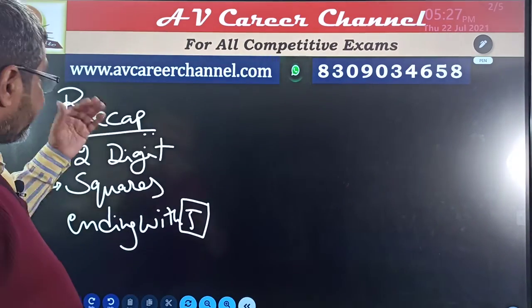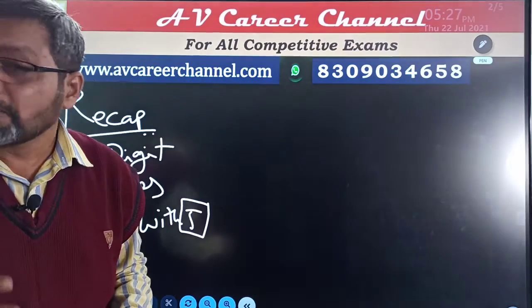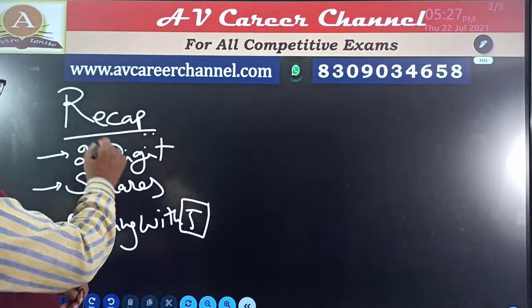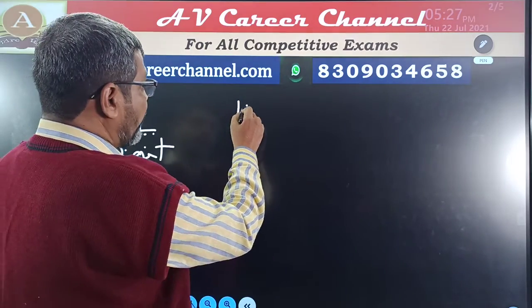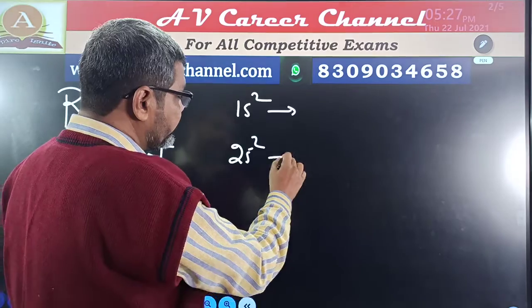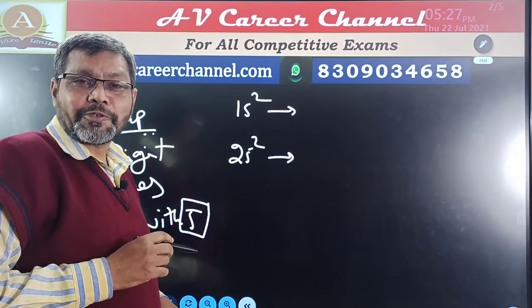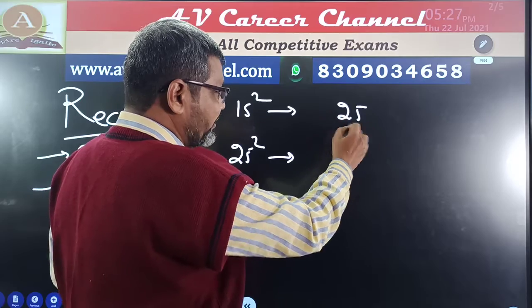The other day in series 1, you learned the 2-digit squares ending with 5. That is, how much is 15 square? How much is 25 square? We know this 25 is common.